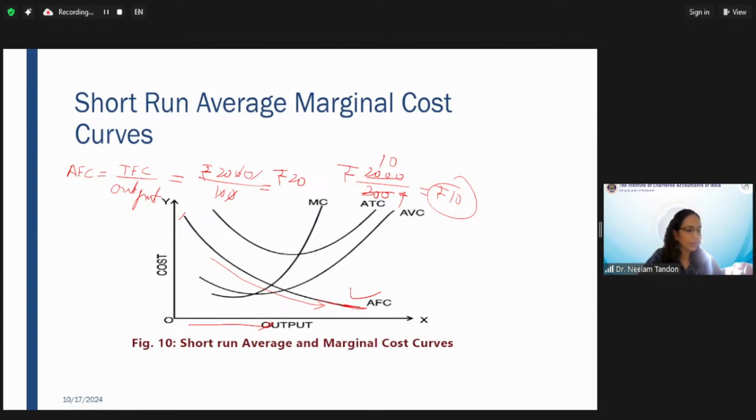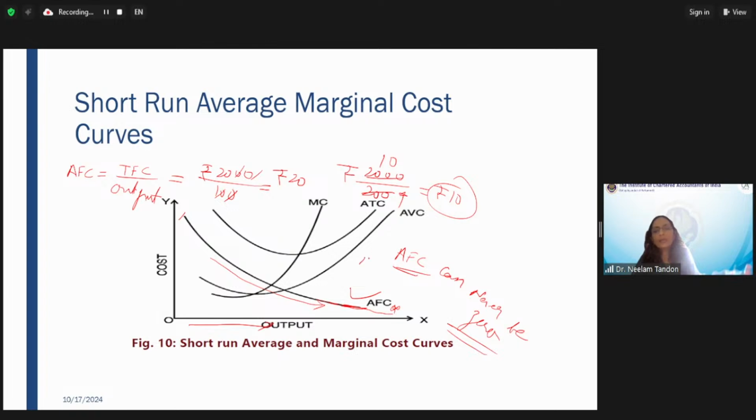Reason being, total fixed cost will be there even at zero level of output. Number two, as output increases, when you increase the denominator and the numerator value remains the same, the average fixed cost will continuously keep on decreasing. But this AFC will never touch the x-axis. Reason being, AFC can never be 0. Why can it never be 0?